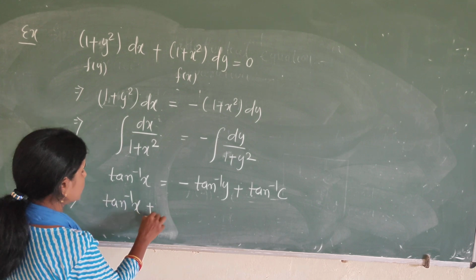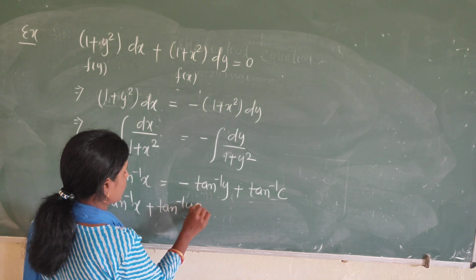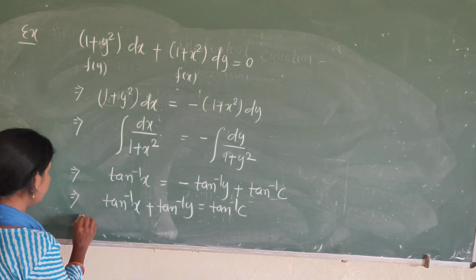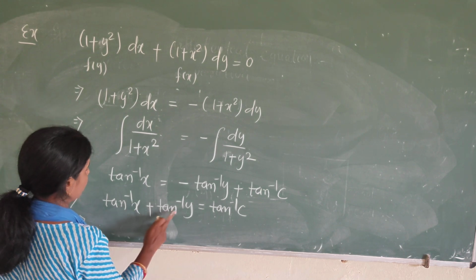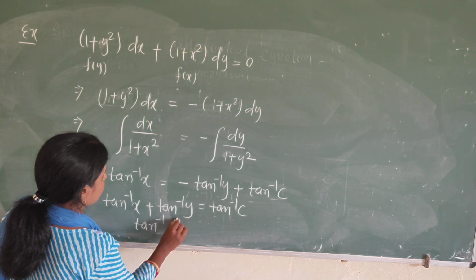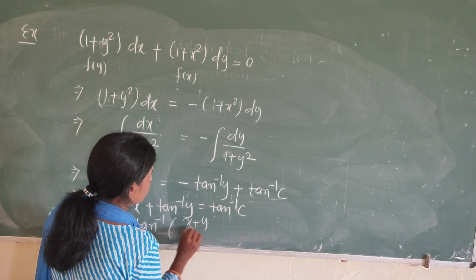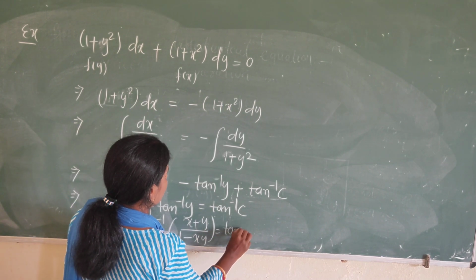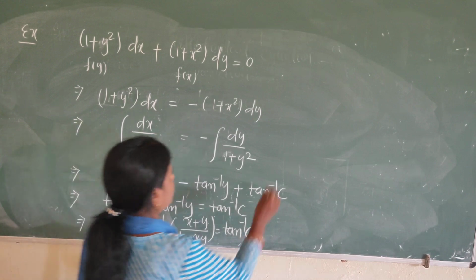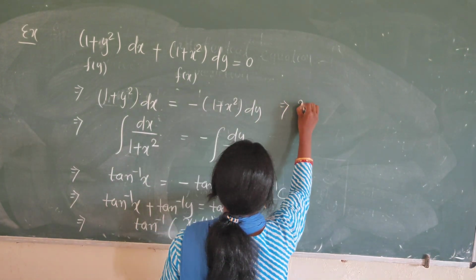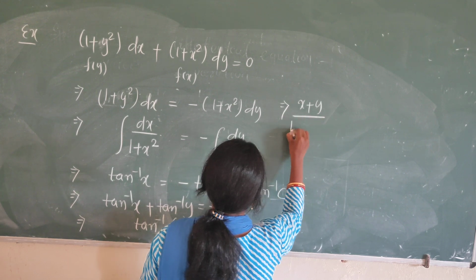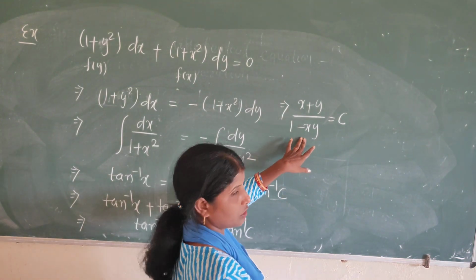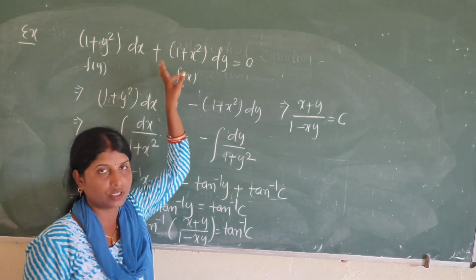Then tan inverse x plus tan inverse y equal to tan inverse c. That implies, we know the formula tan inverse x plus tan inverse y. That implies tan inverse of (x plus y) by (1 minus xy) equal to tan inverse c. That implies our solution is (x plus y) by (1 minus xy) equal to c. This is our solution of the given differential equation.